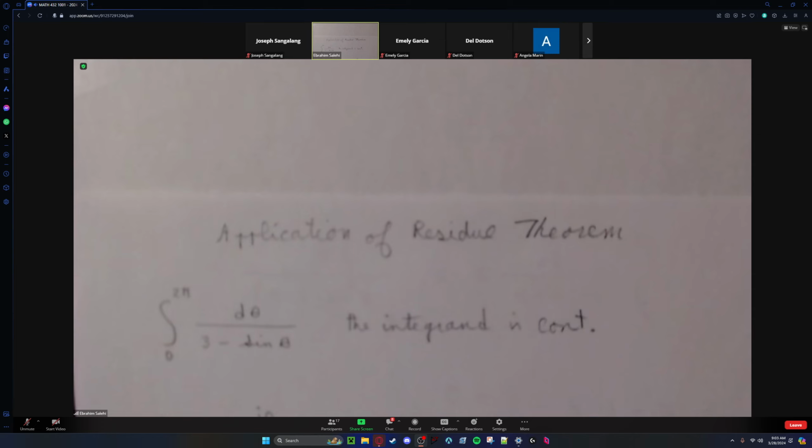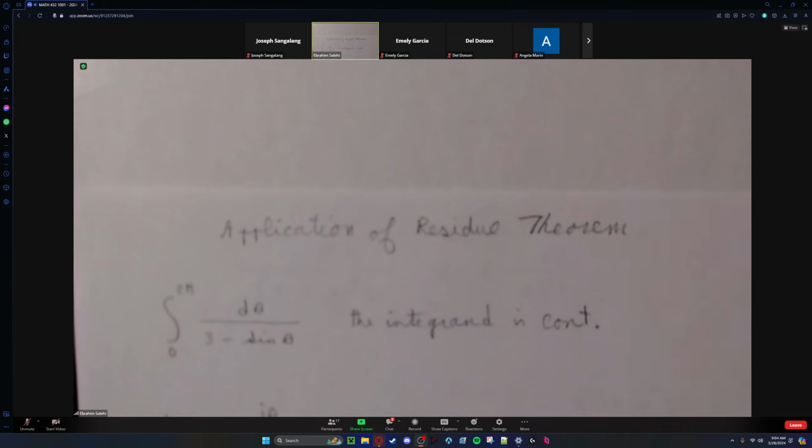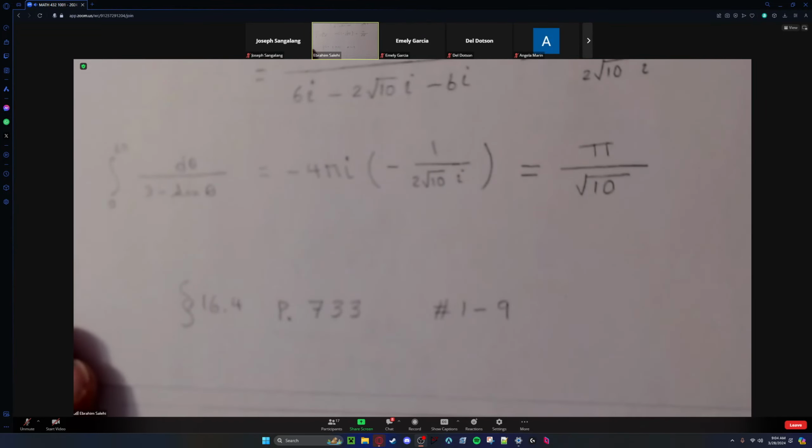It is an integral from calculus 2, but we can convert it into an integration in complex analysis in this course and find the exact value. So I gave you an example and I assigned a bunch of problems from your book, problems 1 through 9. I hope you worked on those problems.